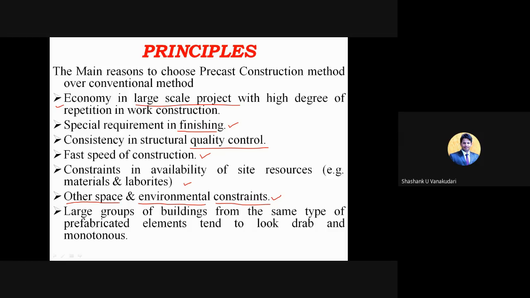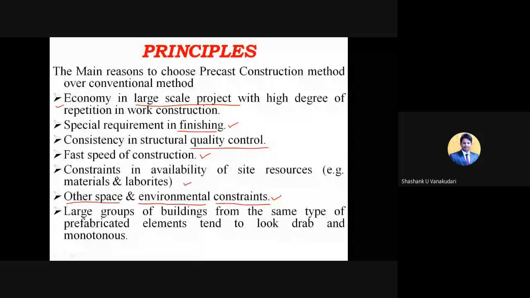The storage requires huge location space. Then you have to decide whether to construct the building or to store the required materials, and it should also be anti-theft, which is a bit difficult in the conventional method. But in the prefabrication concept, all the materials are stored with better precautions, and they can use them as per the requirement.